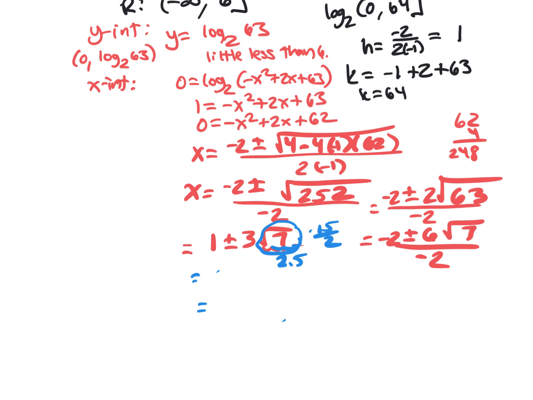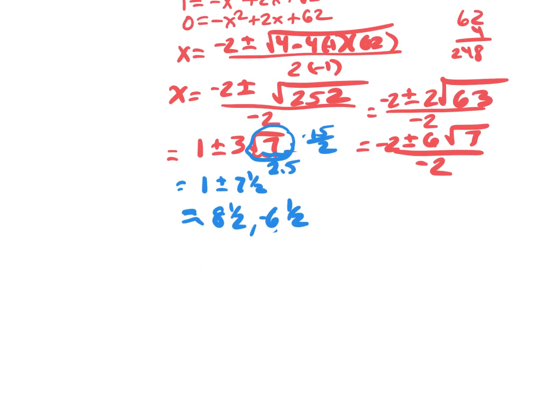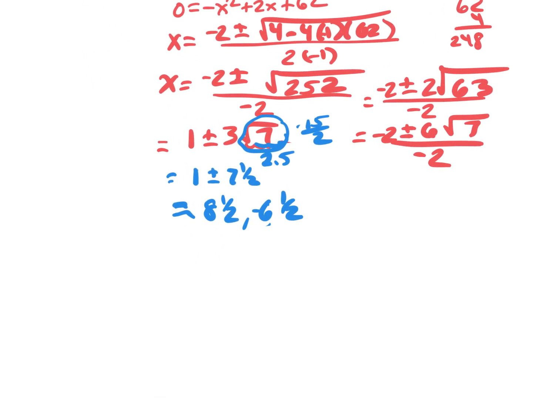So we're doing 1 plus or minus, I think, 7.5. So the two are about 8.5, or negative 6.5, which makes way more sense. Okay, you'll see why the other didn't make sense and how I could right away tell. It was because of where our asymptotes are and what our domain was.